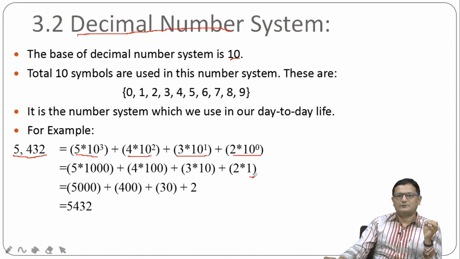So 10 raised to 0 is 1, 10 raised to 1 is 10, 10 raised to 2 is 100, and 10 raised to 3 is 1000, right. So 5 into 1000 plus 4 into 100 plus 3 into 10 plus 2 into 1, right. That will make 5000 plus 400 plus 30 plus 2, and it gives you your number, right. So whenever we are writing something like 5432, it means this thing, right.